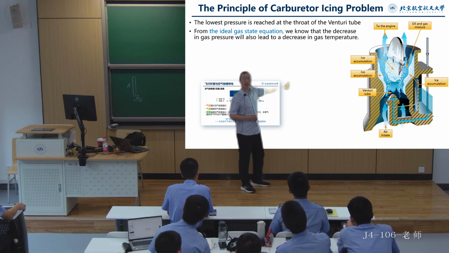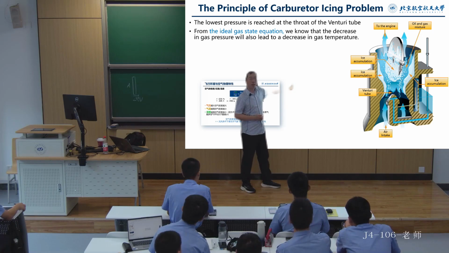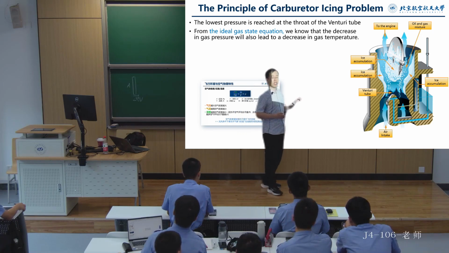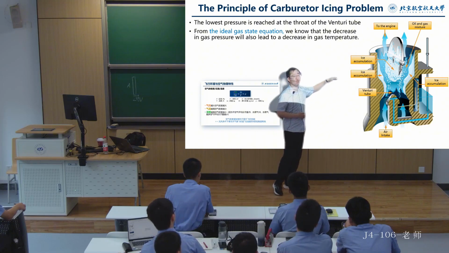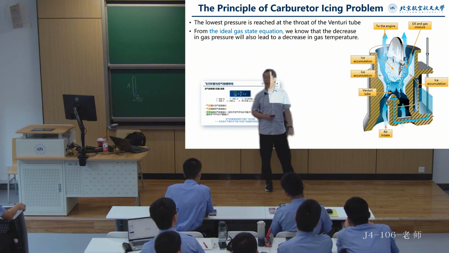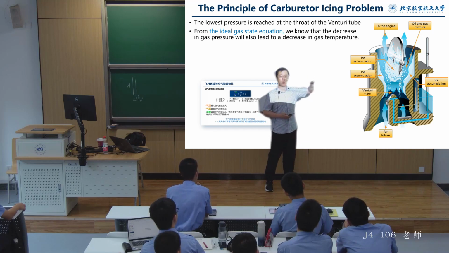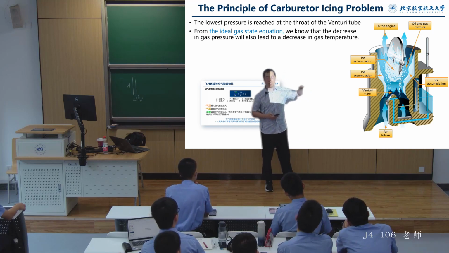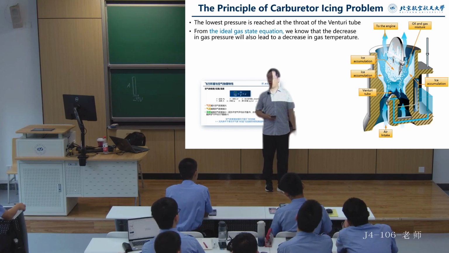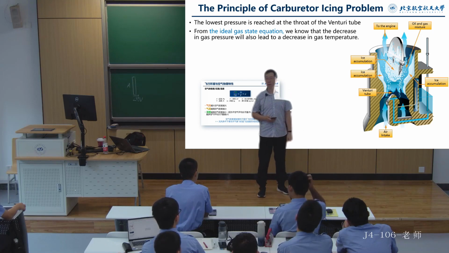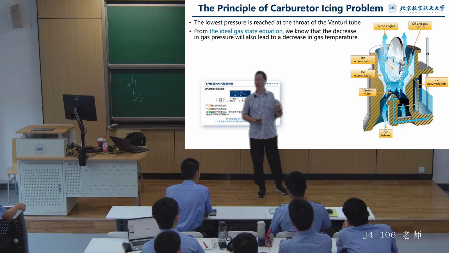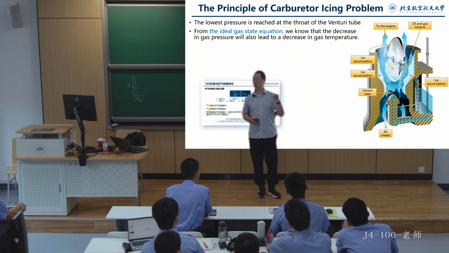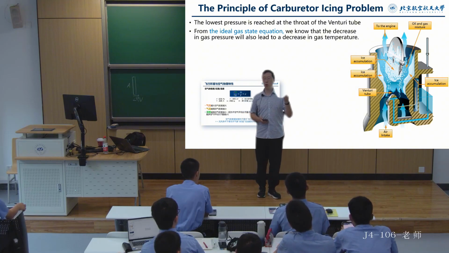It will also decrease. Due to the very humid weather, the relative humidity in the air is already close to 100%. So, if the temperature drops further and falls below the dew point, what will happen? At this moment, the water in the air will precipitate out.